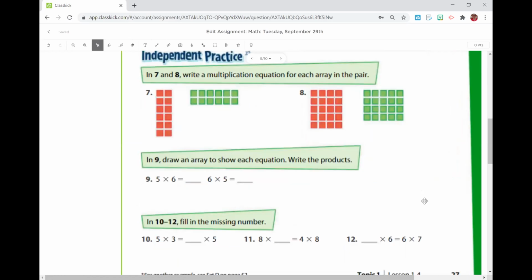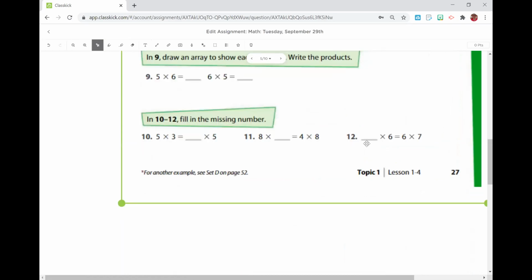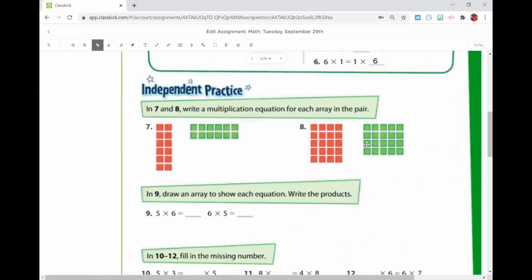In your assignment today, you are going to do numbers 7 through 12. Now I'll walk you through what you have to do on each part. For numbers 7 and 8, you are writing a multiplication equation for each array in the pair. So for this first one, remember we write down rows and then columns.